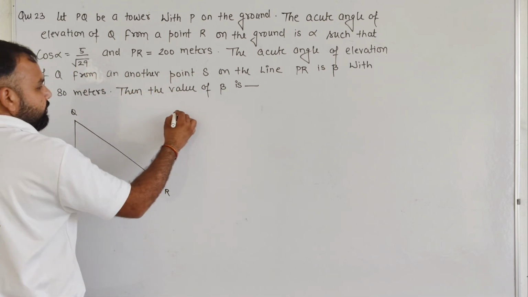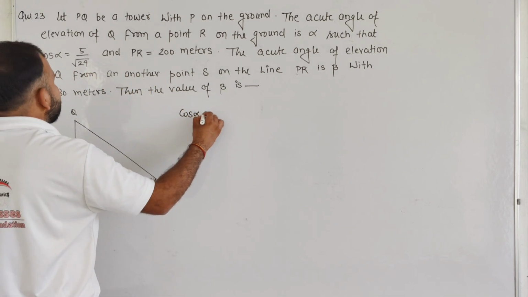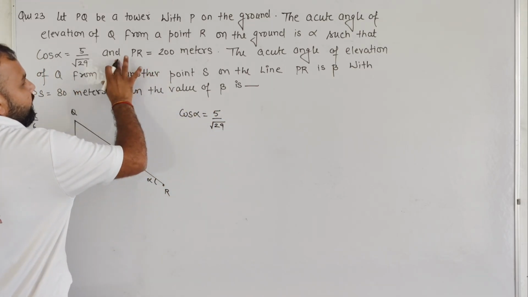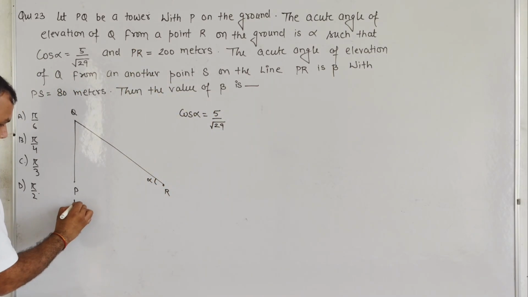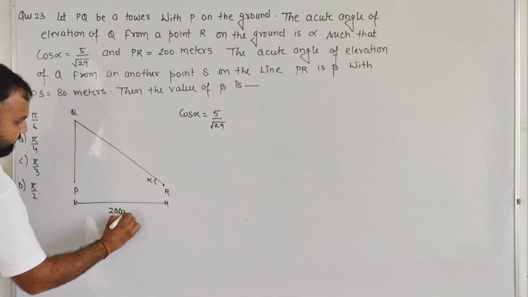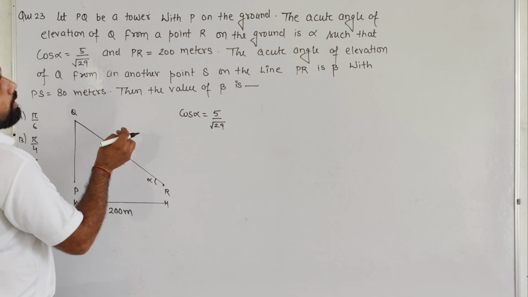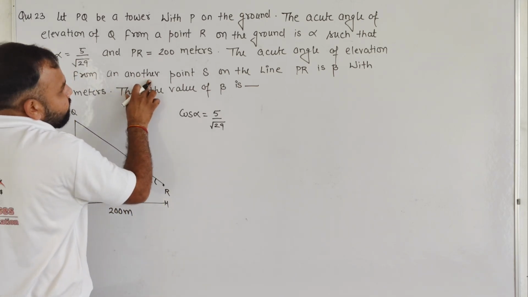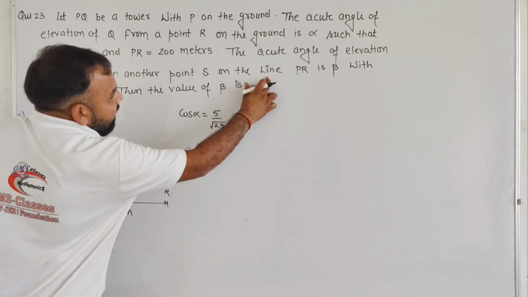Such that cos alpha is 5 by root 29, and PR, the distance between P and R, is 200 meter. And the acute angle of elevation of Q from another point S on the line PR.